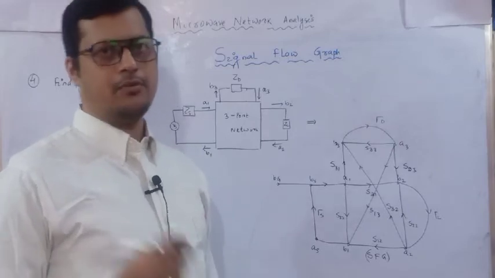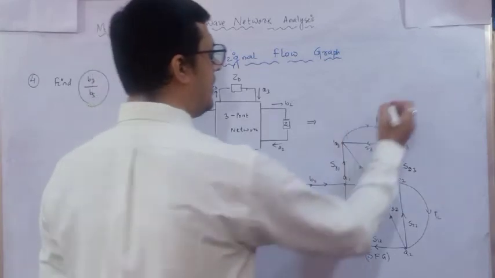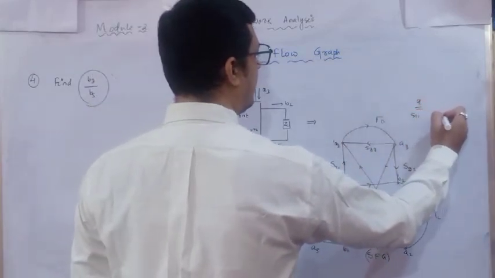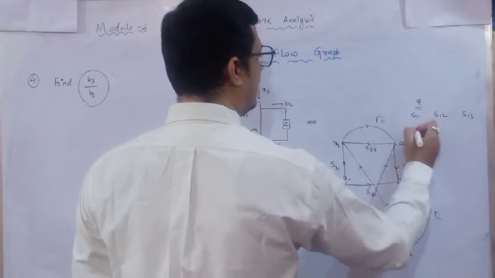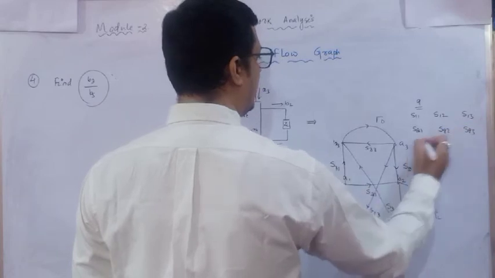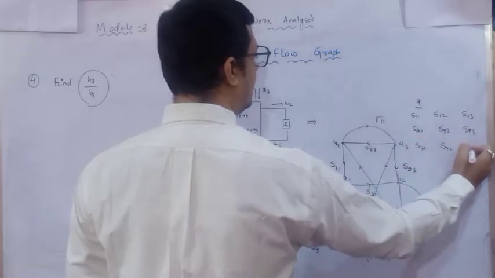Now if it is a 3-port network, how many scattering parameters are there? The scattering parameters are total 9: S11, S12, S13, S21, S22, S23, S31, S32, S33.